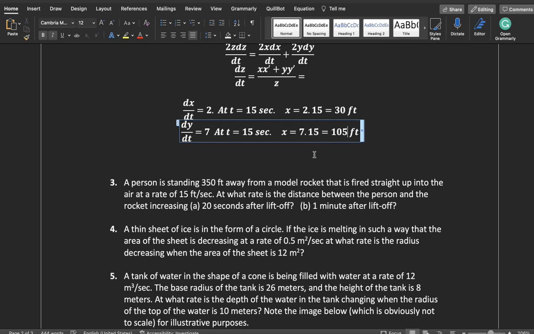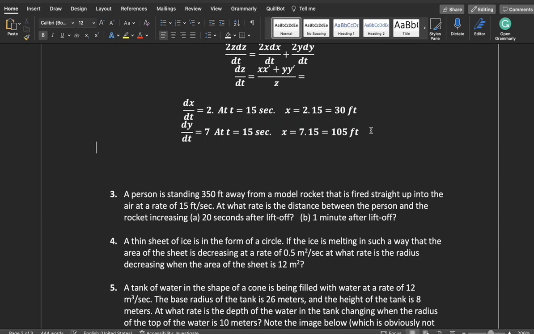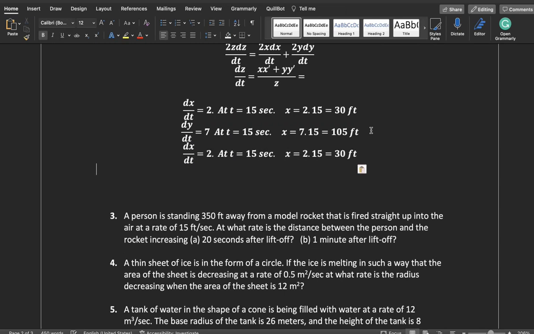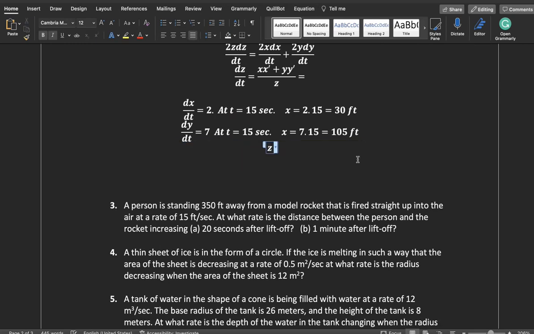So now, knowing these two, you can also calculate what is z, right? Because remember, you have that z squared is equal to x squared plus y squared.